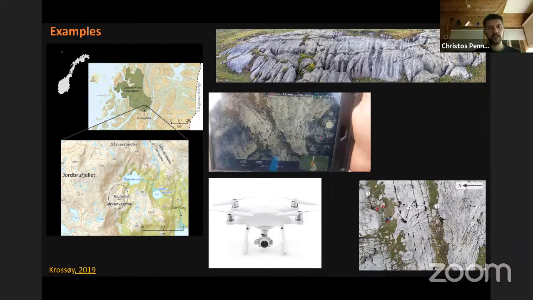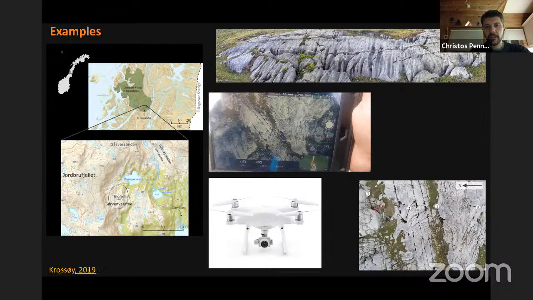She was a master student here in the Department of Earth Sciences at the University of Bergen. Her master thesis was about this area here, which is the Lomsdal-Visten National Park, and the area is somewhere here in the middle of Norway.